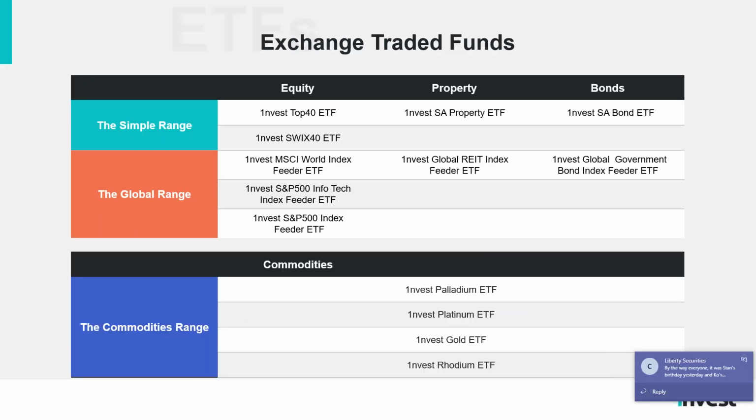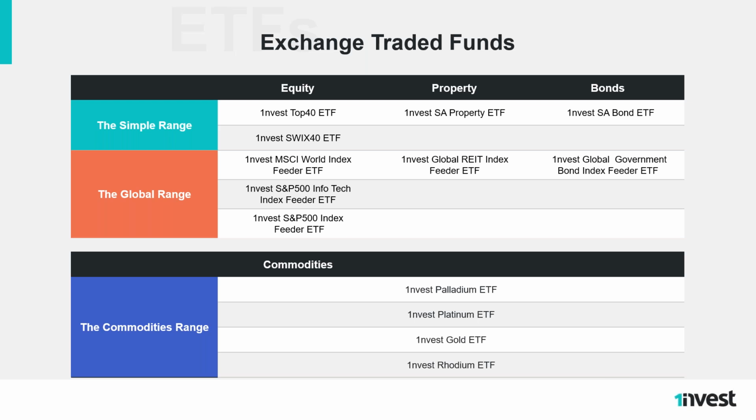And lastly, I'd just like to highlight the full range of the One Invest ETFs that's available to help construct this portfolio, to help give asset class exposure in your portfolios throughout the economic cycle.